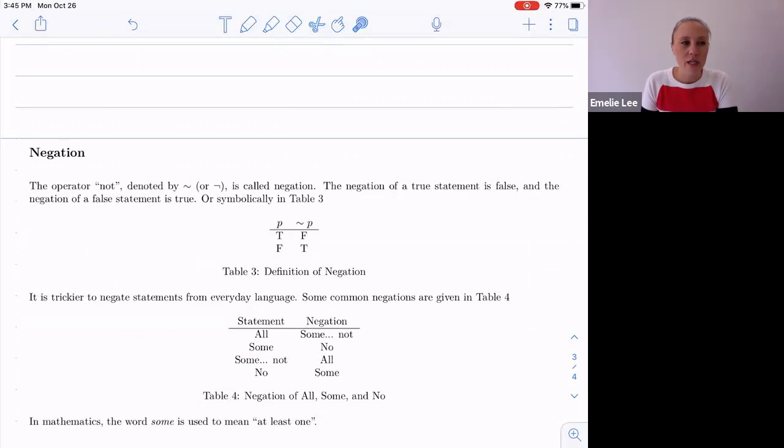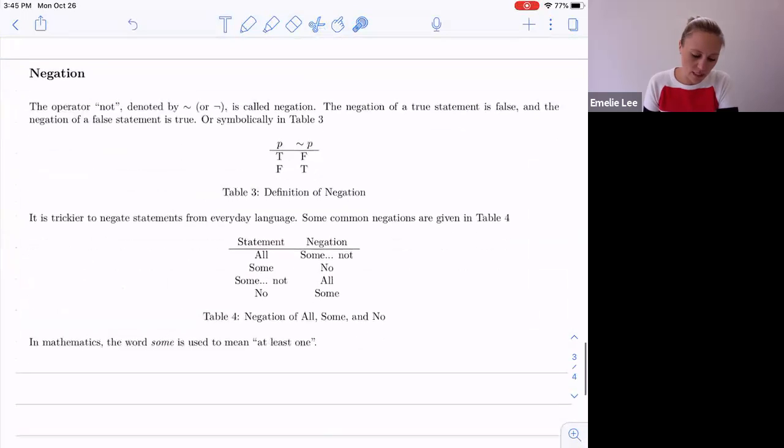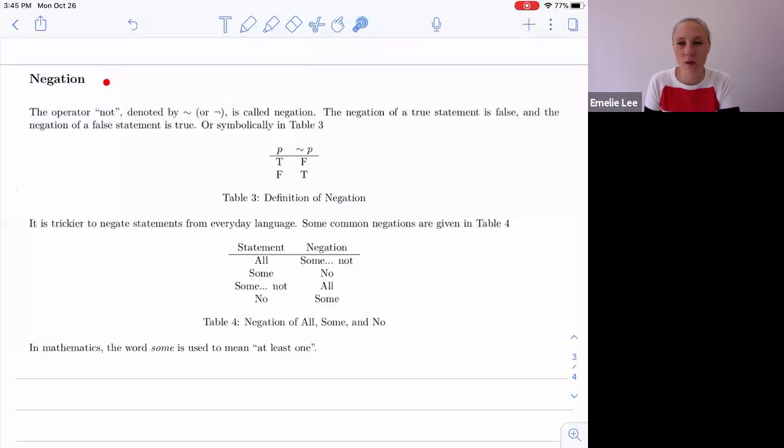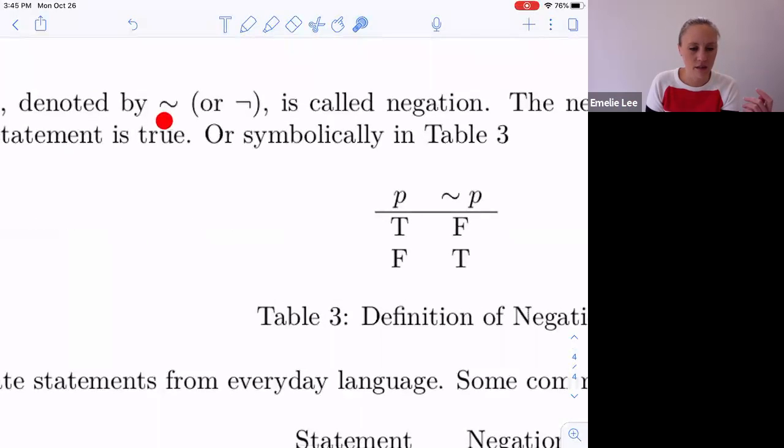So negation, we kind of saw negation with set operators as well, right? With the complement, that was the opposite of whatever set we were talking about. So the operator not is denoted by a squiggly line or this kind of hook, but I'm going to use the squiggly line.